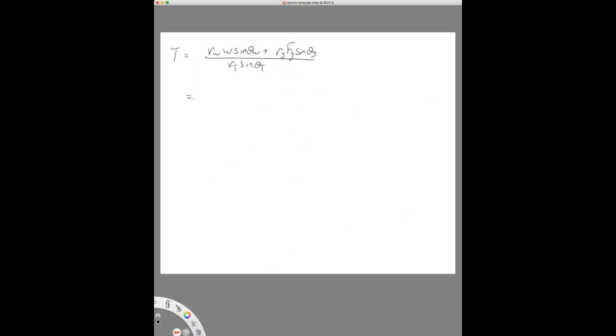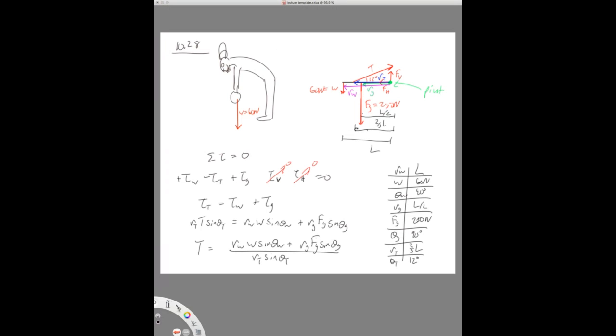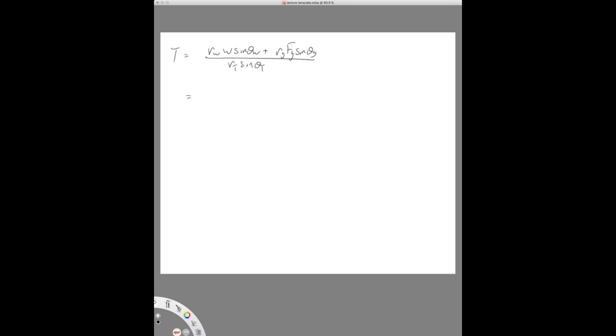We can fill it in. Should copy my table too. Okay, so there's my table. So we're going to have L times 60.